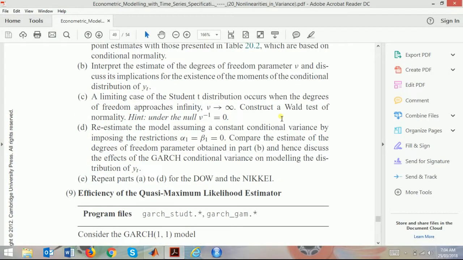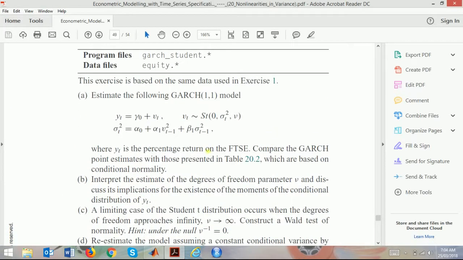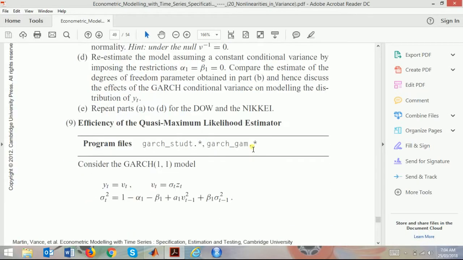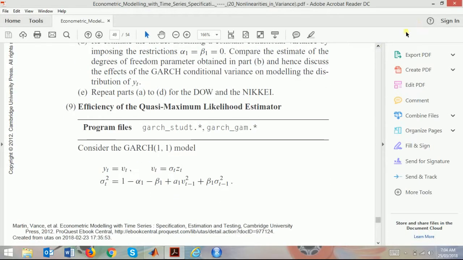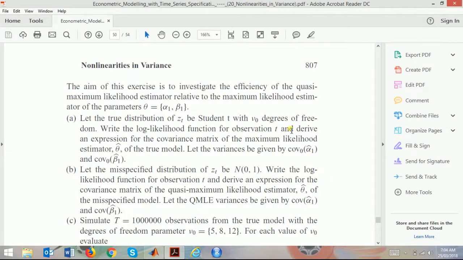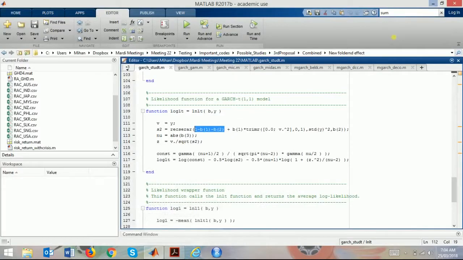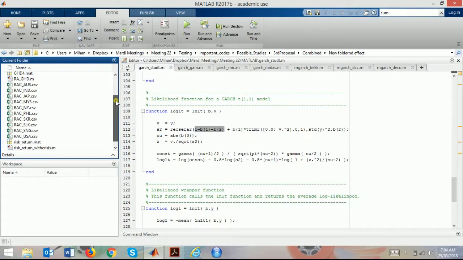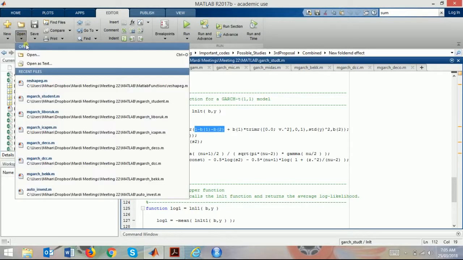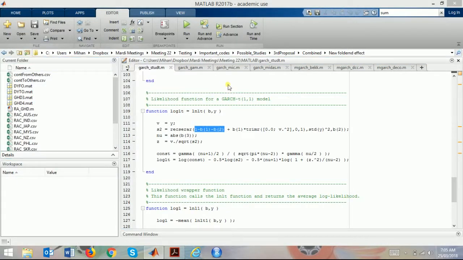Let's see what the actual question was. Oh gosh, not this one. a1 times v squared minus 1. Now comes the point of the function itself. Have a look at the function itself. Let's have a look at what the Rexarer function looks like.